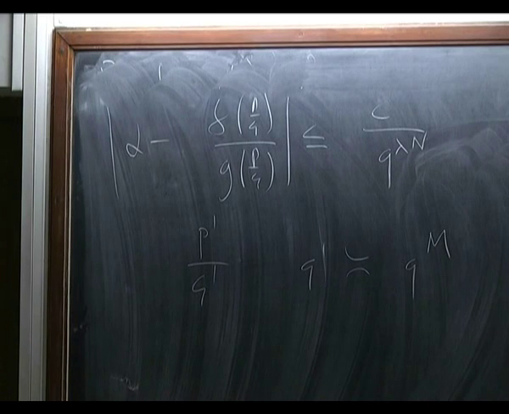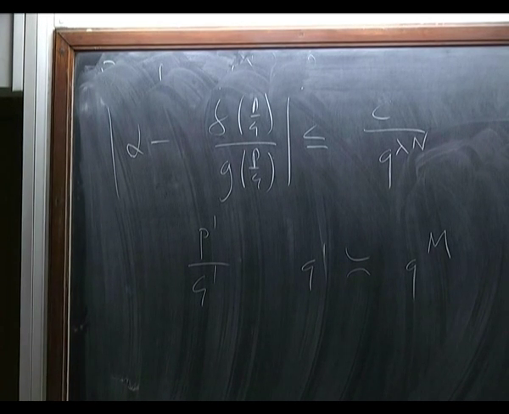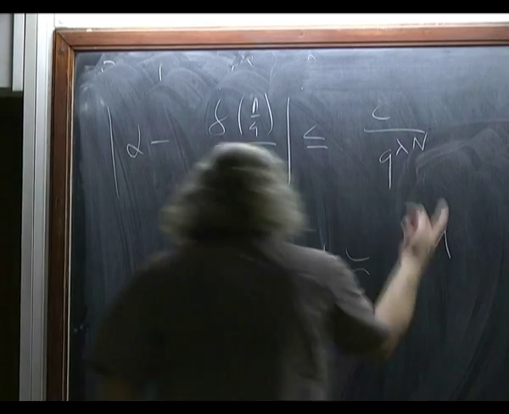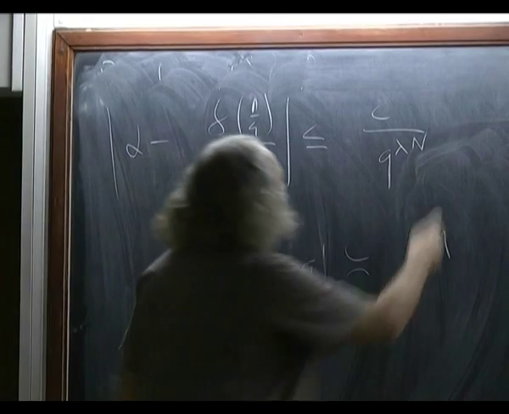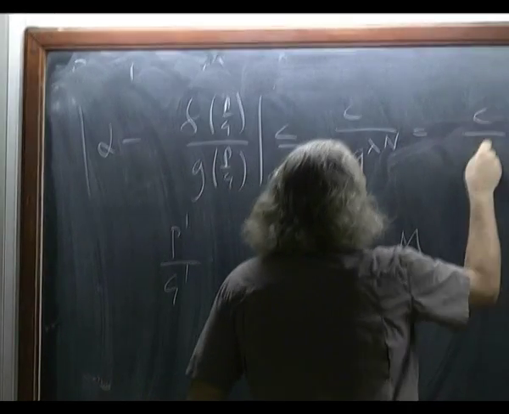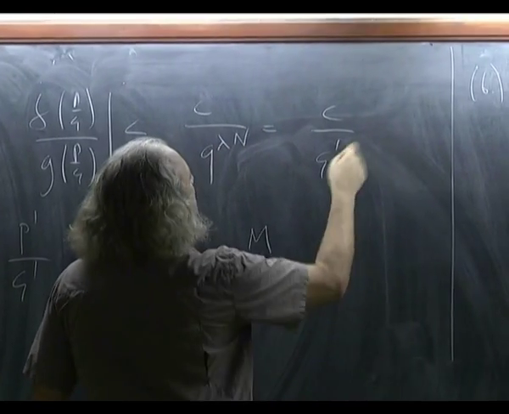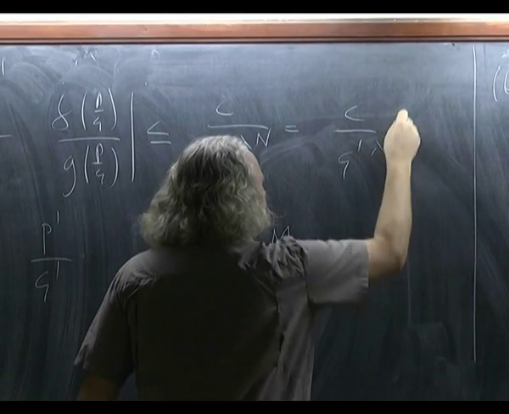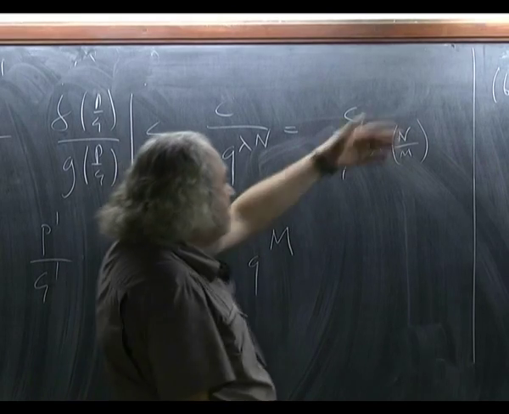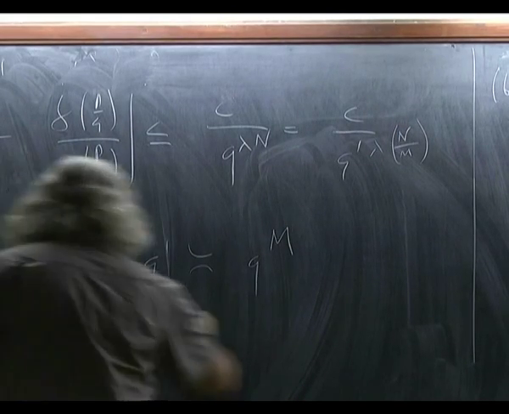And what do we obtain? We obtain that this will be some c over q prime to the power, say, lambda n over m. Now, which n over m?